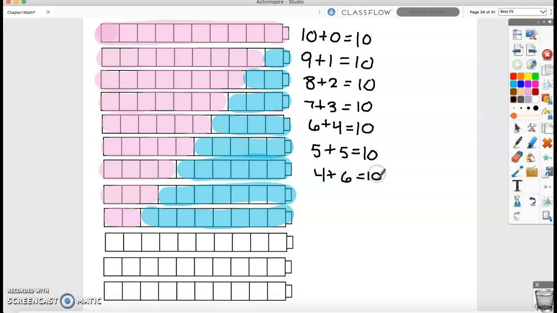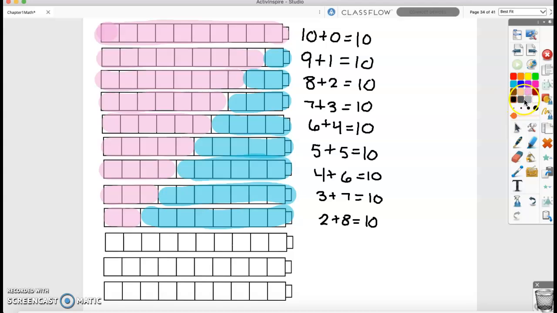I mixed that up. And that's okay. If you thought this one was 3 plus 7, you were correct. Awesome job. I'm hoping that you caught that. This one should be 2 plus 8 equals 10.